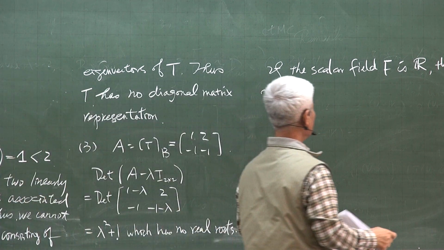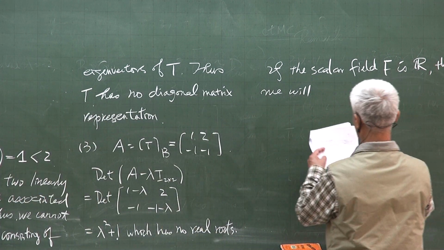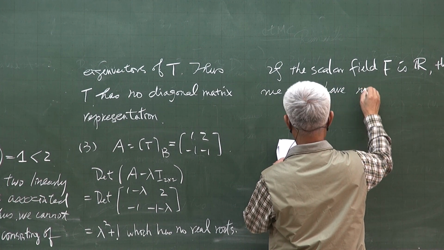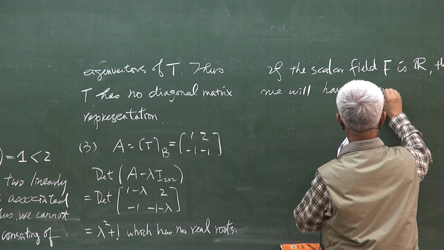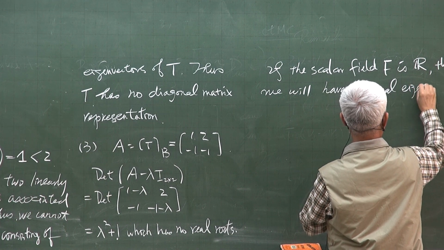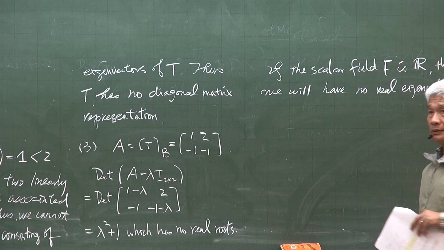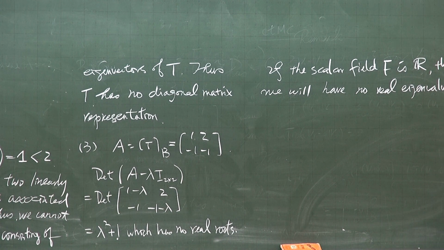So if the scalar field is R, then we will have no real eigenvalue. Wow, that's very serious. This is a very serious problem. We don't have any real eigenvalues.